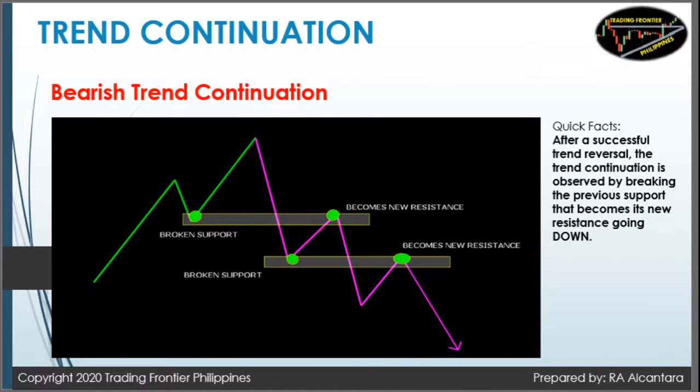Okay, in a bearish market or bearish trend. Just quick facts, let me read this statement. After a successful trend reversal, the trend continuation is observed by breaking the previous support that becomes its new resistance going down. Okay.